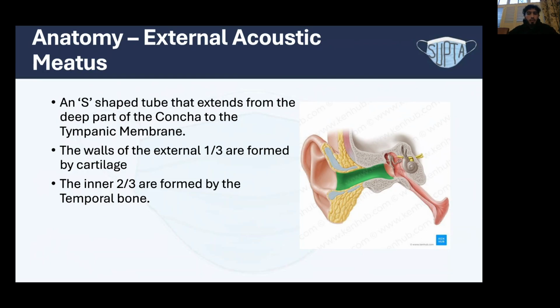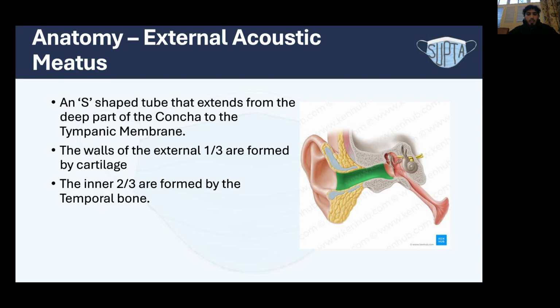The end point of this is the tympanic membrane, also known as the eardrum. It's quite a thin, funnel-like tube, and its primary function is to channel sound waves into the tympanic membrane. But it also serves a protective function as well, which we'll go into a bit later.